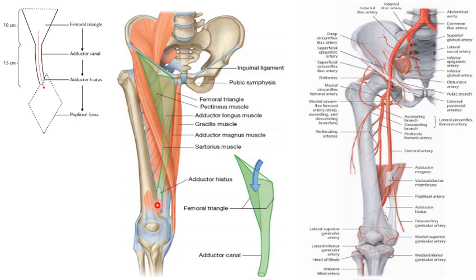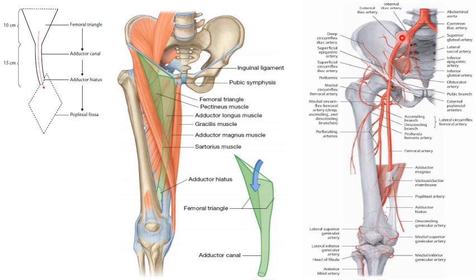As the femoral artery exits from the front of the thigh via the adductor hiatus to the back of the thigh into the popliteal fossa, which is a diamond shaped structure, it is called the popliteal artery.